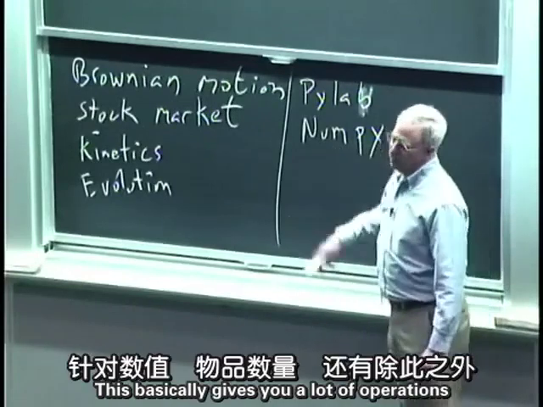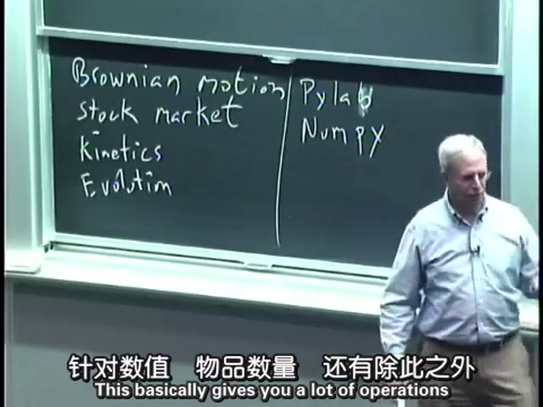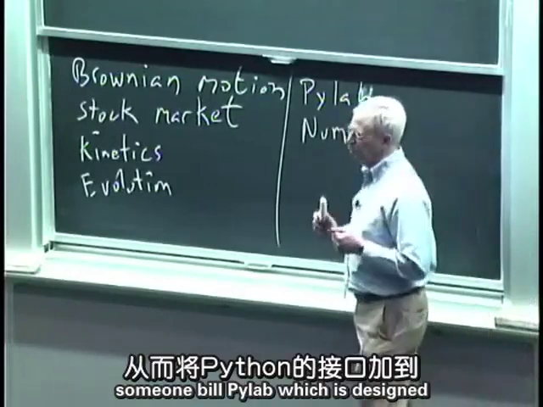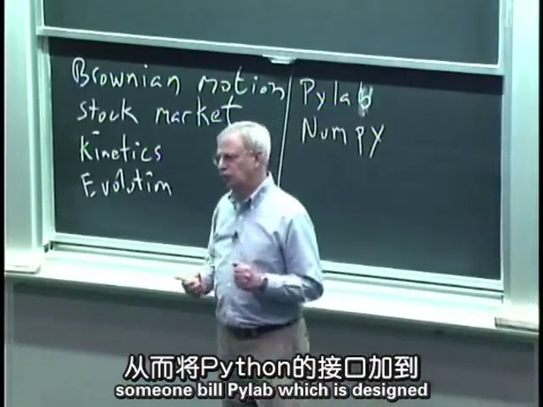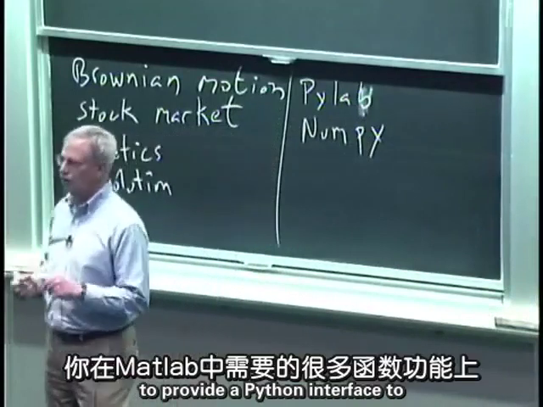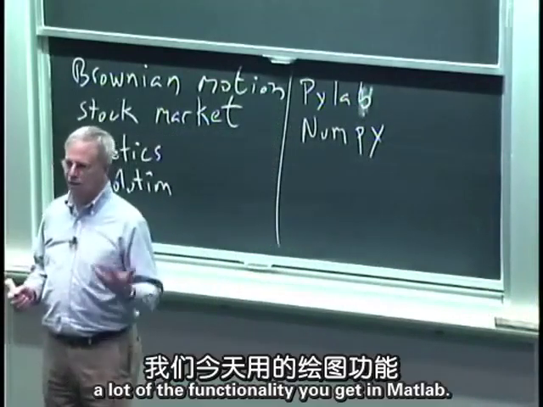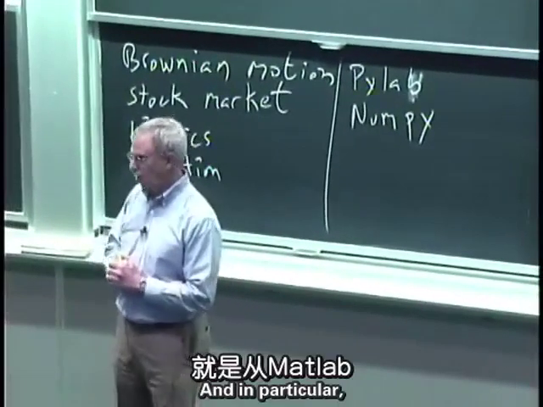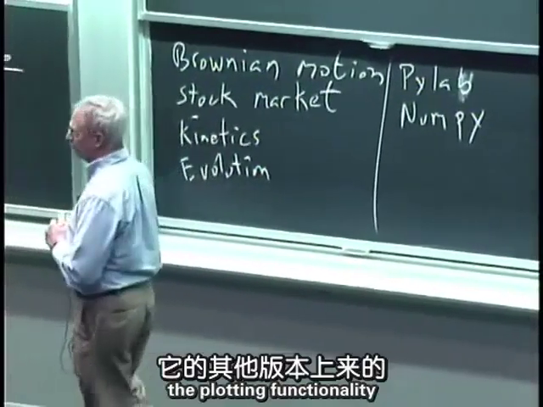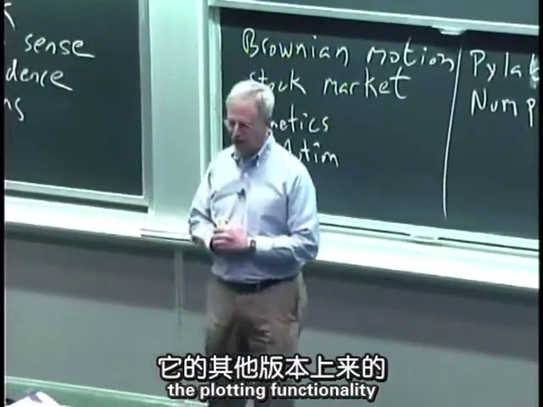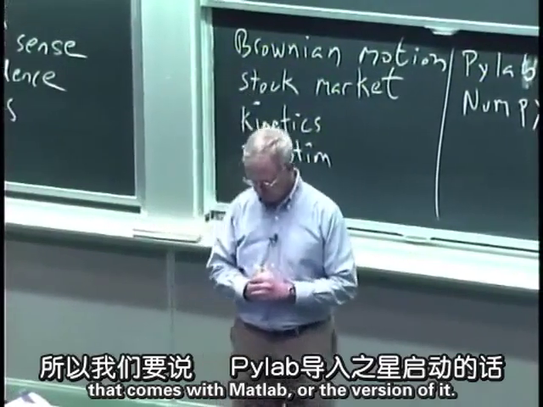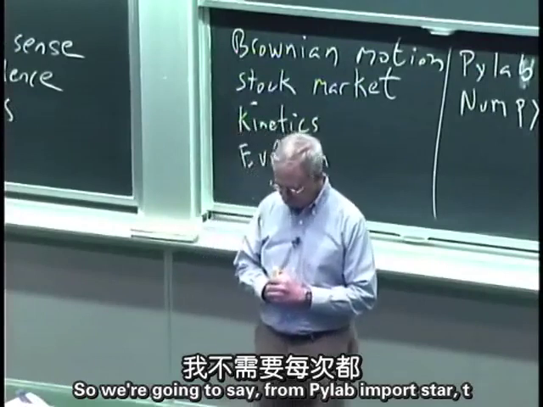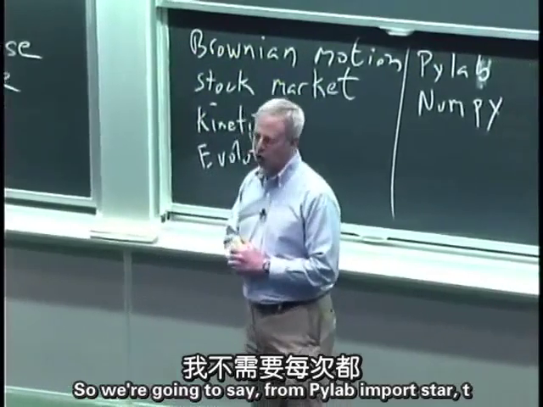This basically gives you a lot of operations on numbers. And on top of that, someone built Pylab, which is designed to provide a Python interface to a lot of the functionality that you get in MATLAB. And in particular, we're going to be using today the plotting functionality that comes with MATLAB, or the version of it. So we're going to say from Pylab import star.